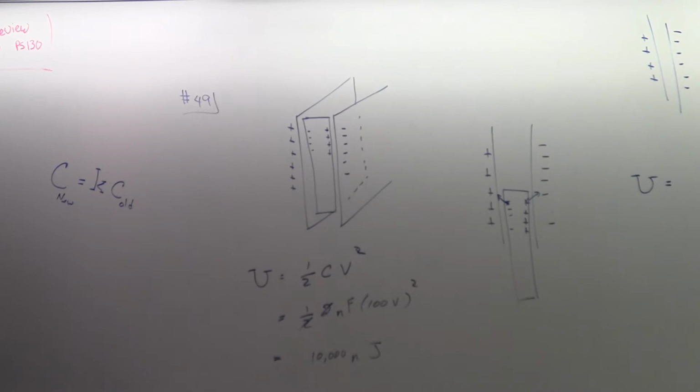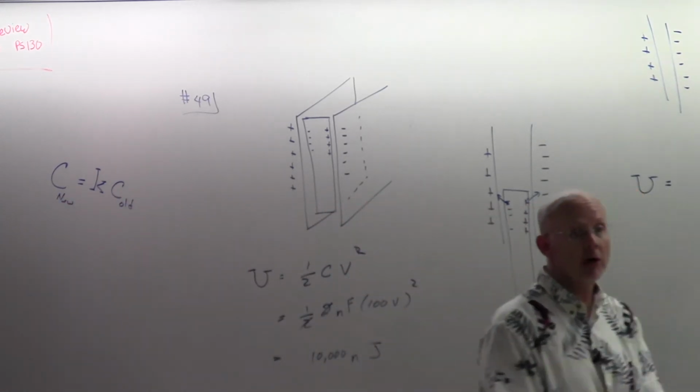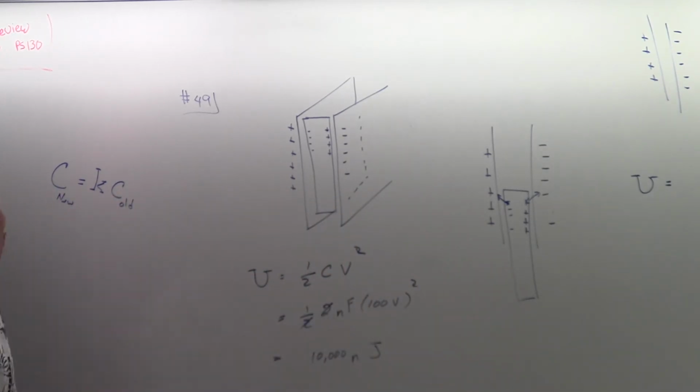And so in this case, as you pull it out, you go from a big capacitance to a small capacitance. And the reduction is that kappa. So yes, I have a lower capacitance. Anything else change? How about the voltage?